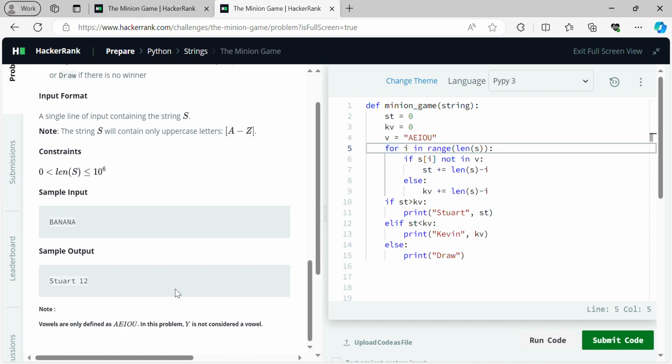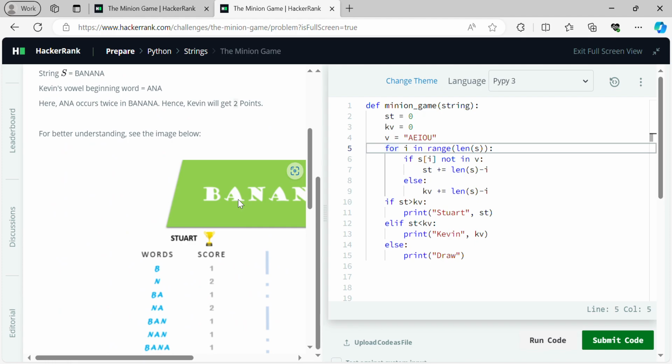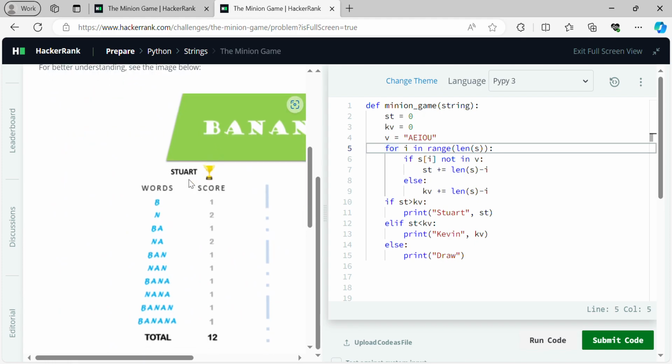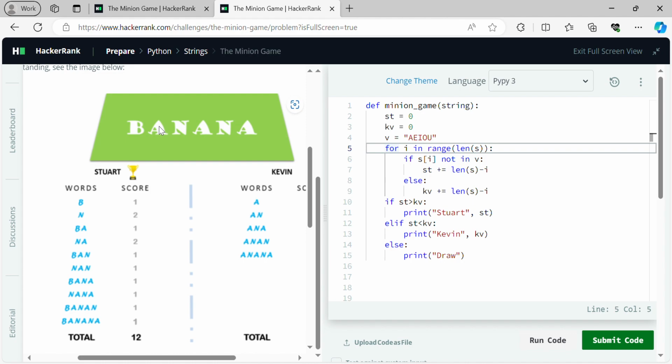Here I am explaining the diagram also. If it starts with b, there are one, two, three, four, five, six substrings starting with b. Starting with a, one, two, three, four, five. Why the count was 5: starting with a is one, an is two, three, four, 5 is the final count.